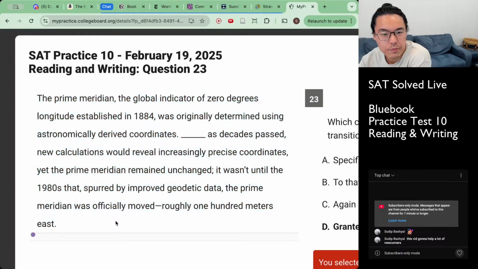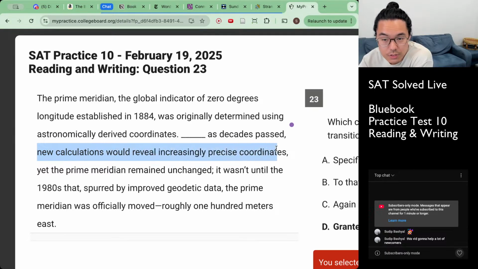The prime meridian was originally determined using astronomically derived coordinates. However, as decades passed, new calculations would reveal increasingly precise coordinates.